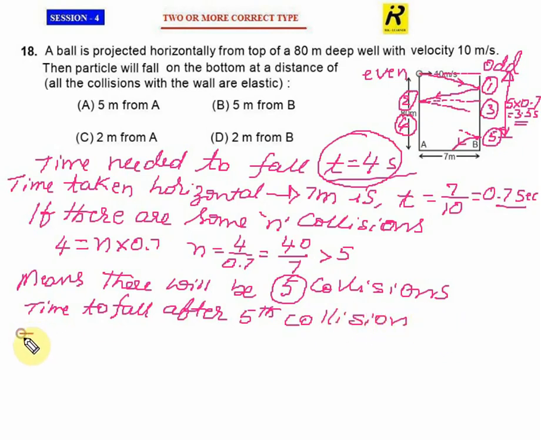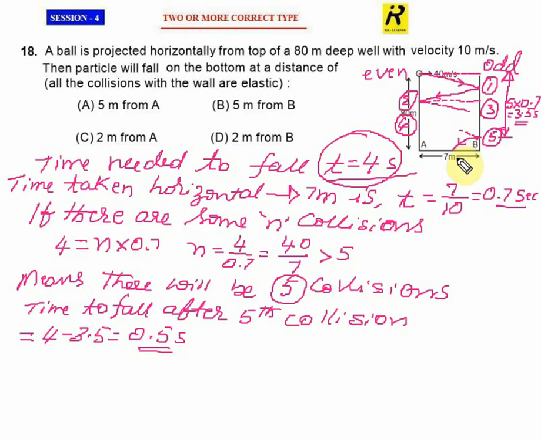So that is equal to 4 minus 3.5, so that is 0.5 second. So in the last 0.5 seconds, the ball will come down totally and it will reach the bottom of the well.